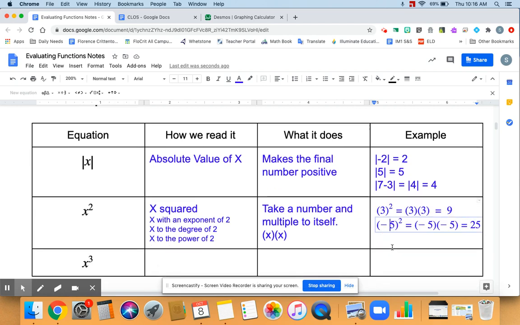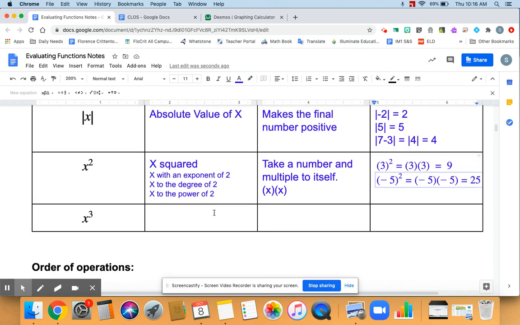So this is squared. And then the next one they expect you to know is x, where the exponent up here is a 3. So the fancy word for it is x cubed because anything with a 3 usually has the word cube in it.